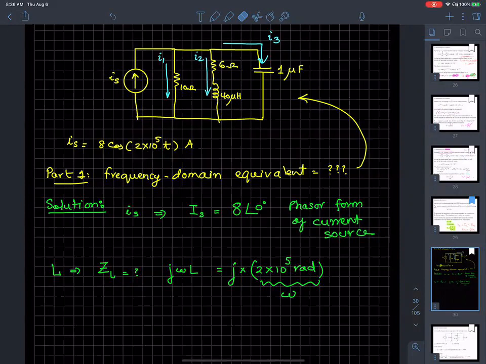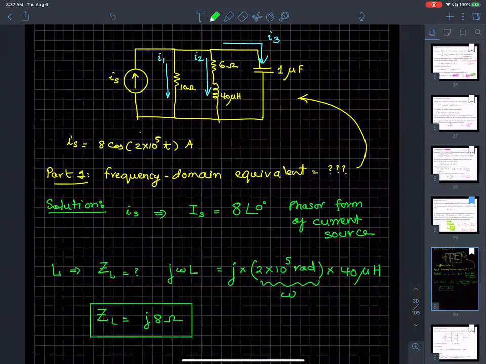That part is the omega component, so you can grab it right from there. And what's the value of L? L is given to be 40 microhenry. Once I do that, I end up with ZL equals j 8 ohms.